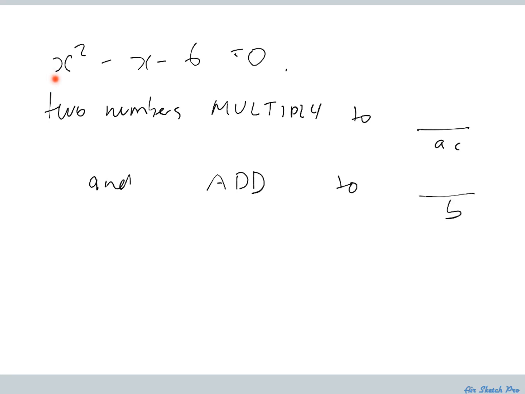What's the value of A here? 1. Good, not 0. 1 times -6 is -6. And then B is -1. Thank you, -1. Okay, so what two numbers will multiply together to give me -6 and add together to give me -1?